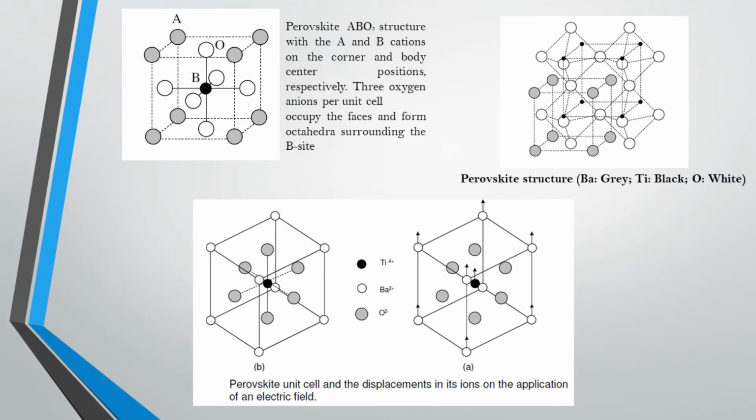If you look at the structure, A is situated in all 8 corners, O is situated at the face centers, and in the center B is situated. In this picture the structure is shown.